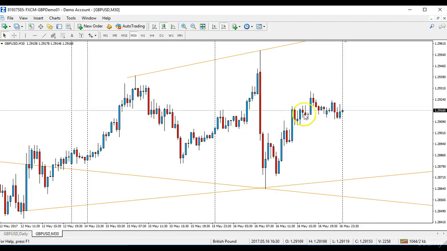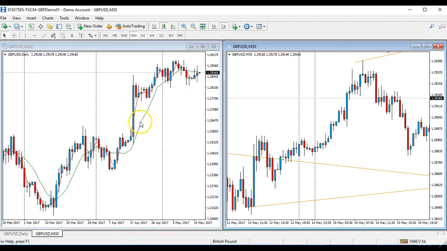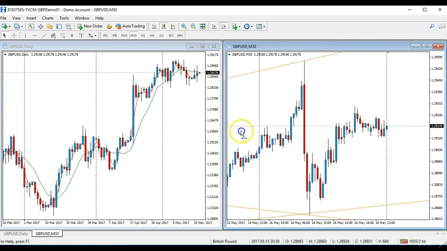So all these 30-minute candles here designate 24 hours, okay? And on the daily chart, this designates a whole month. So this is April, this is May, and this is the 16th of May. So this 30-minute chart here is represented by what happened yesterday.